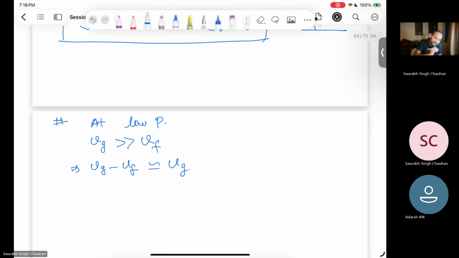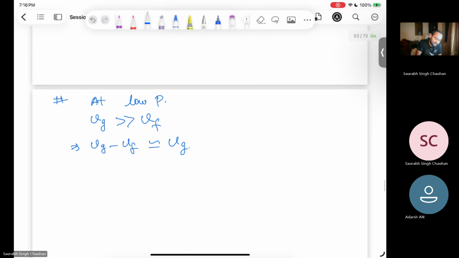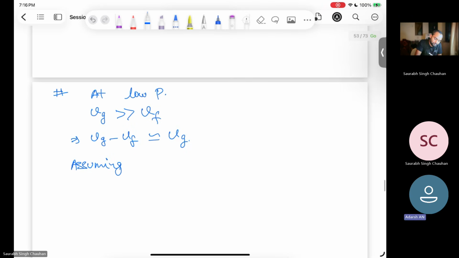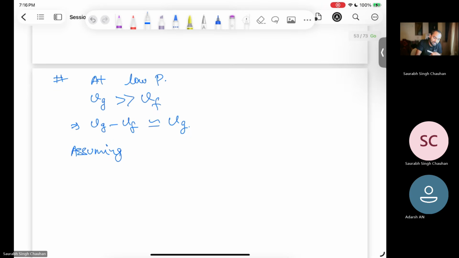And at low pressures, you can assume that it is an ideal gas. Low pressure, high temperature, ideal gas, right? Again, it is an assumption. At very low pressure, we can assume that this is an ideal gas.